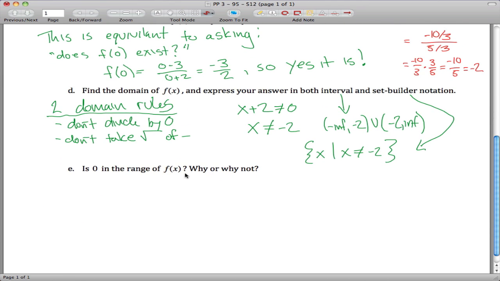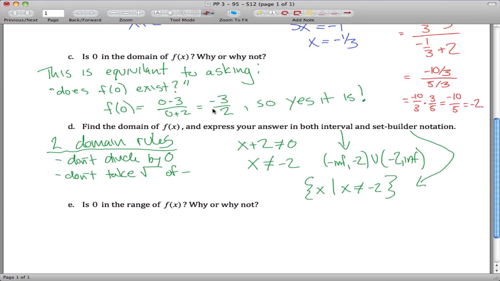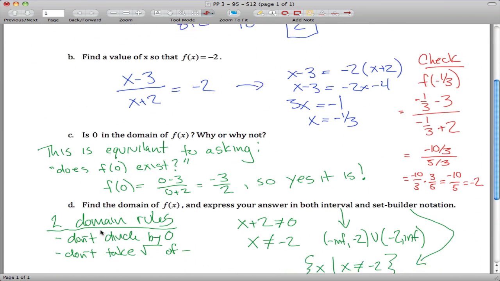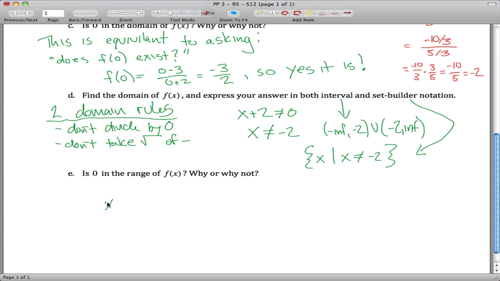Finally, is 0 in the range of f of x? Why or why not? Range is kind of tricky, but the idea is they're asking, is there an x so that x minus 3 divided by x plus 2 equals 0? Is there an x so that when you put that x in, 0 comes out? It turns out there is. You could solve this.